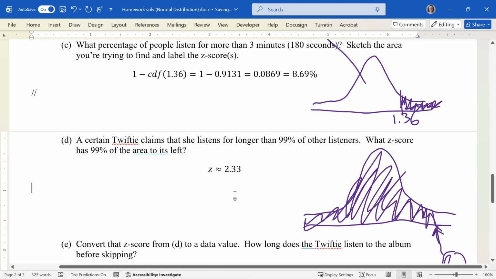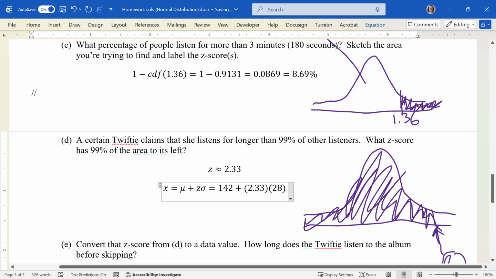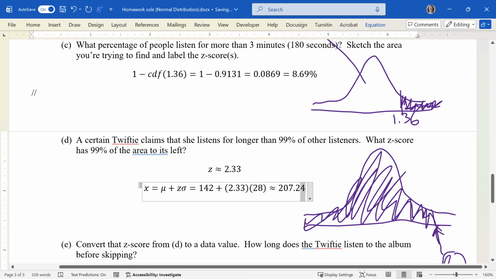So we just put those in the formula: X equals mu plus z sigma. Mu is 142, z is 2.33, sigma is 28. I'm going to put that into a calculator, and I'm getting 207.24, or we could round that to 207, I guess.